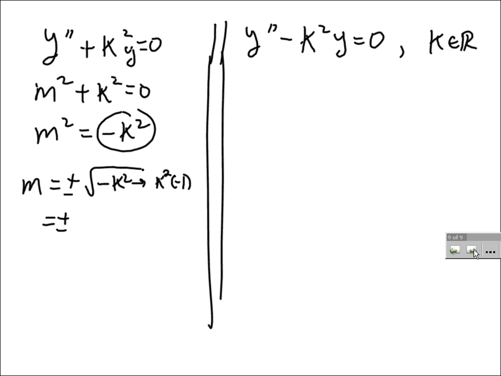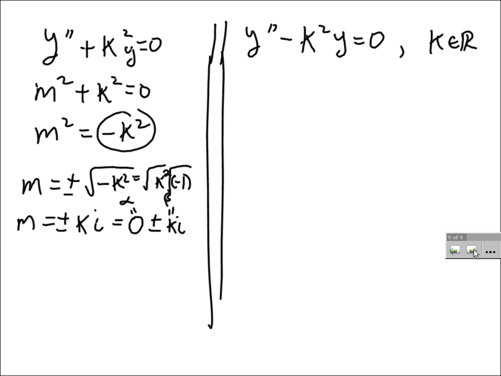And since only one of them is negative, I can take the square roots separately. The square root of k squared is k, and the square root of negative 1 is i. So m is plus or minus ki. In particular, it's 0 plus or minus ki. That is, the 0 is the a, and the k is the b.